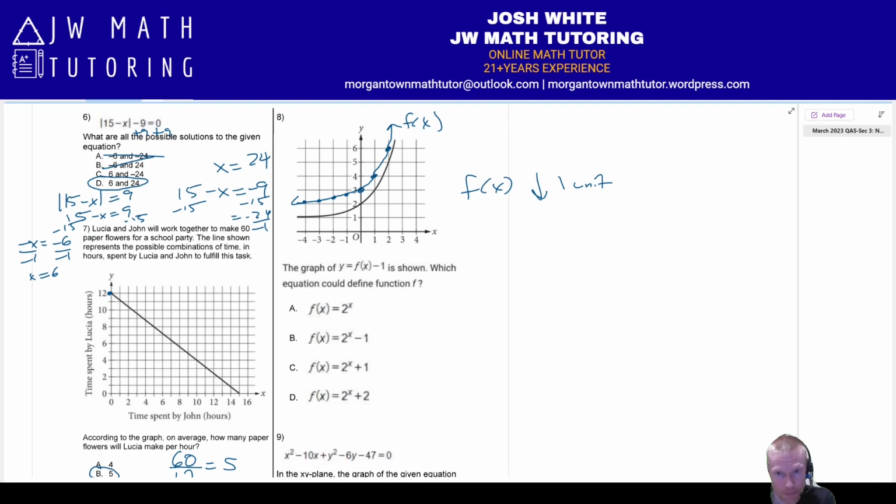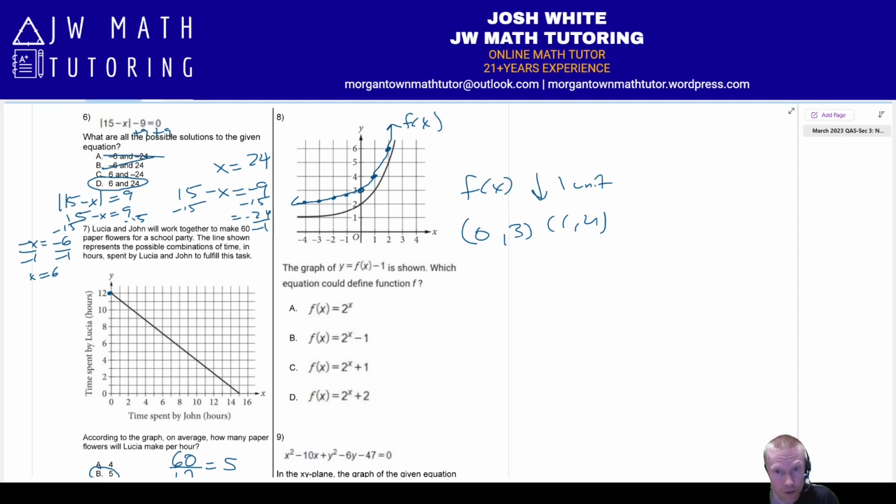So for example, the actual function f of x, which is shifted up 1 unit from f of x minus 1, will go through the points 0, 3 and 1, 4. Okay? Because again, this graph is the original function shifted down 1 unit. So if I shift it back up 1 unit, I'm back on the original function itself, f of x.